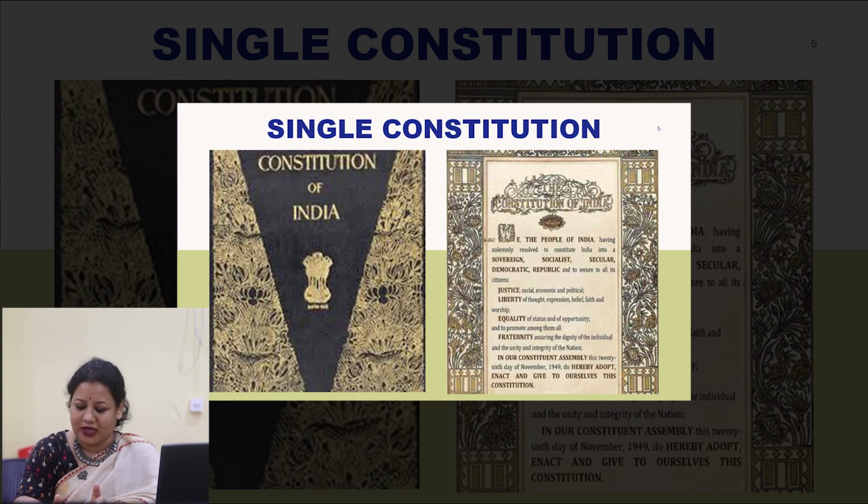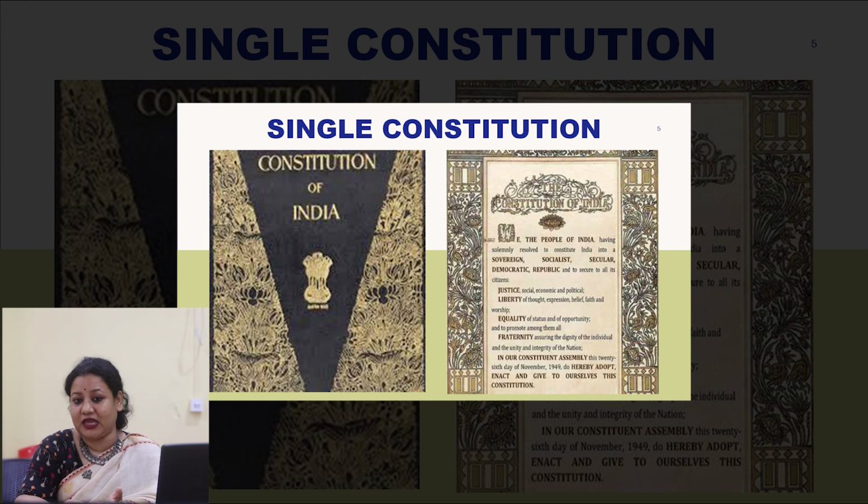For example, in the US, there is a central government and a constitution for the central government, but at the same time there are constitutions for all the states. Means a citizen of the US follows two constitutions, one of the central government and the second of the state government, right?